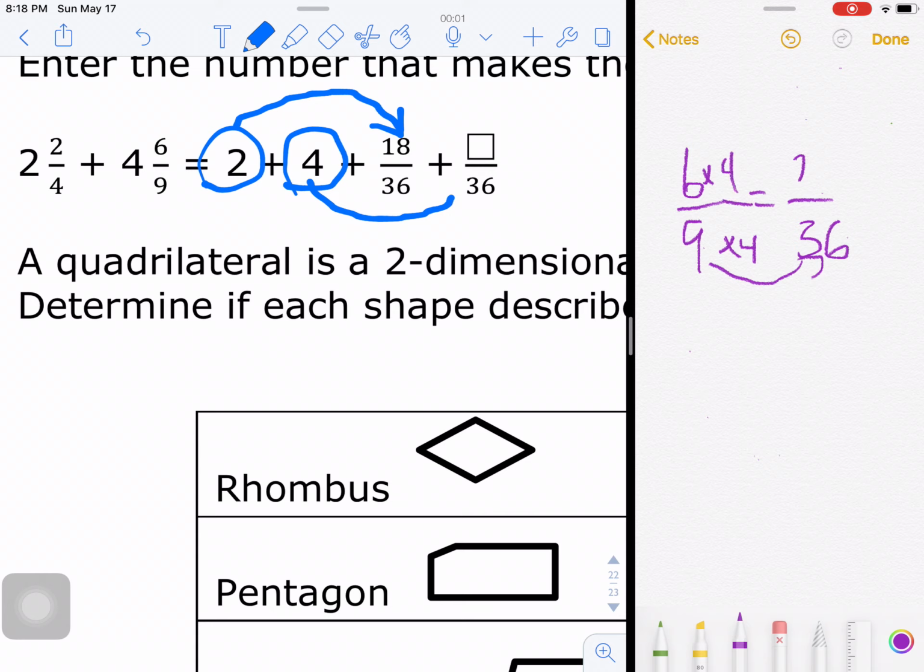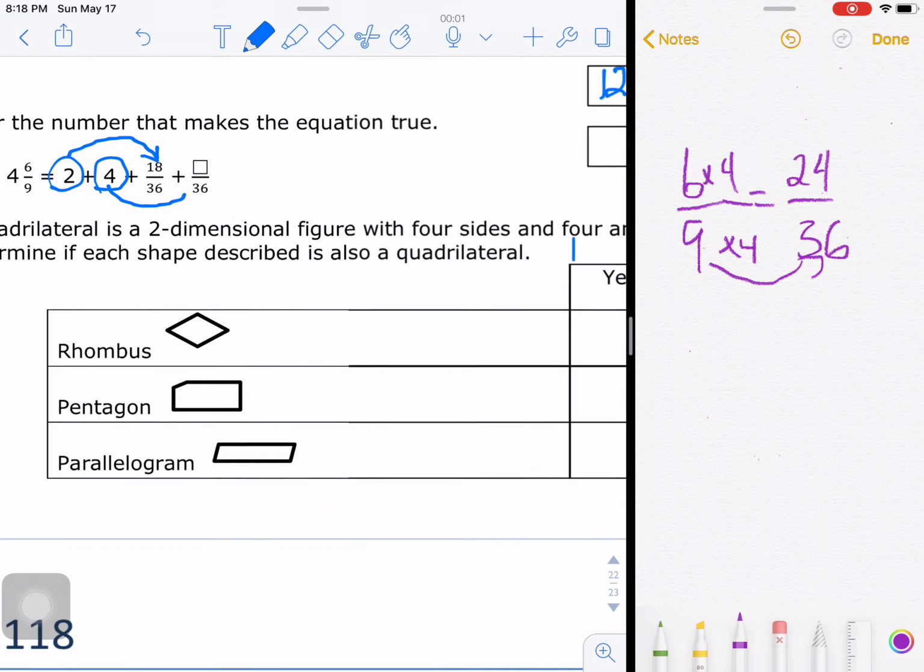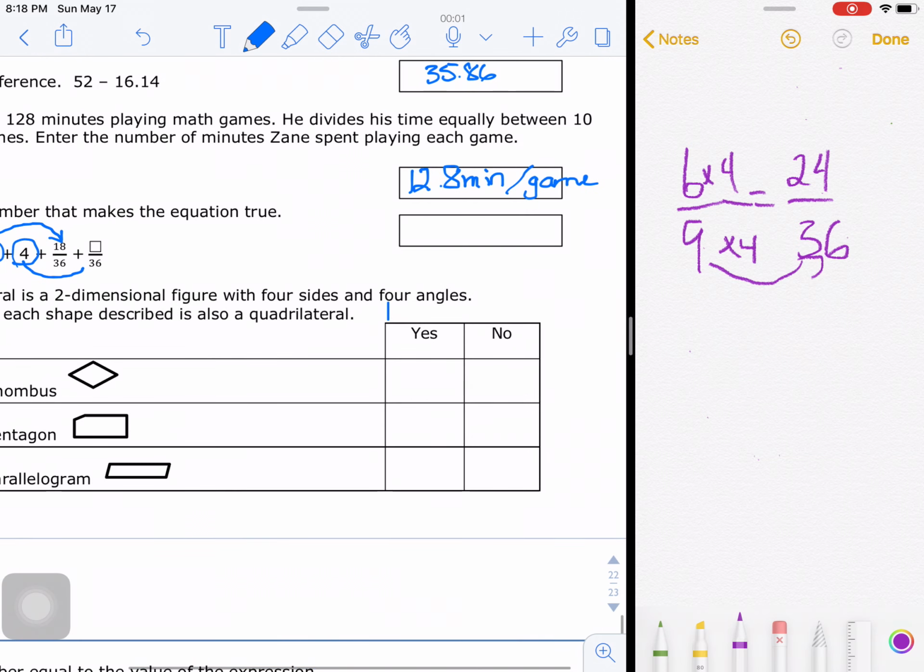Remember, I'm not changing the value. I'm changing what it looks like, or the form. So I see that 6/9 is 24/36. So I will simply insert 24 in my answer.